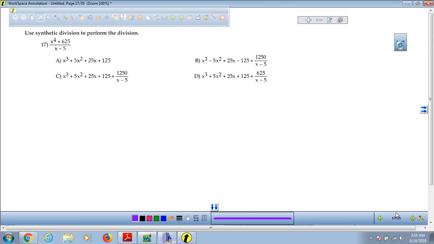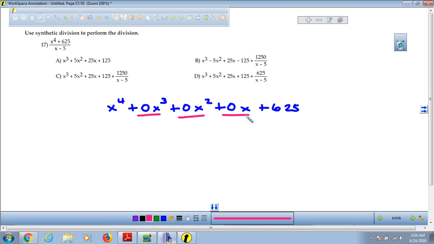Use synthetic division to perform the division. So synthetic division. Okay, first of all, something that I see is that this equation on top needs a lot of zeros. 4, 3, 2, 1, 0, right? So these spaces are going to be important.